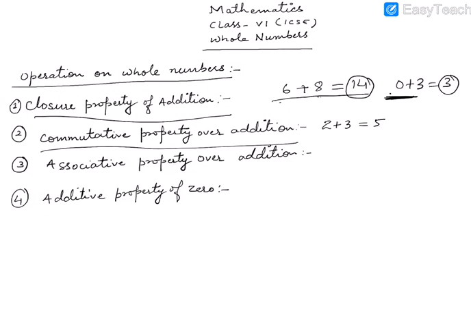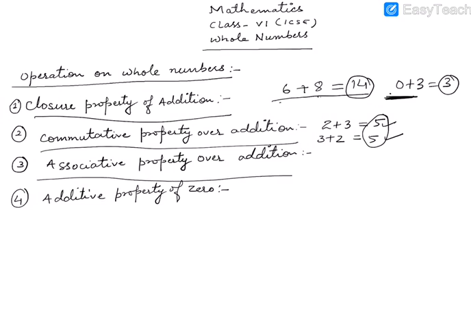Now I'll change the sequence and write 3 plus 2. First 2 was written, then 3, and here I have written first 3 and then 2, and the result is again 5. In both cases the result is the same. So this is known as the commutative property over addition.